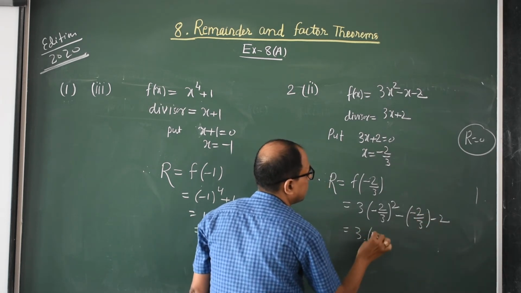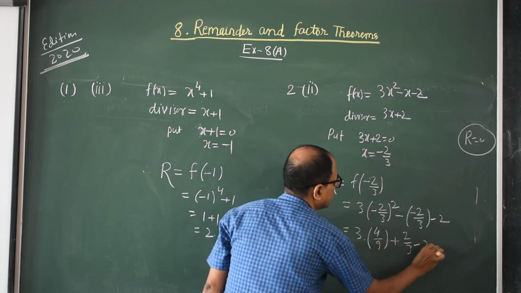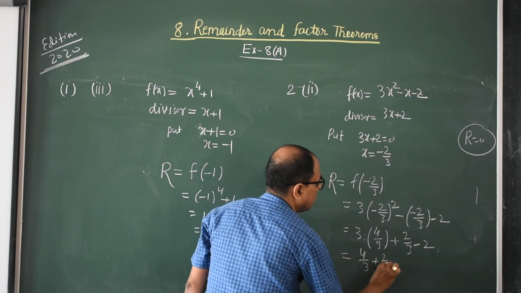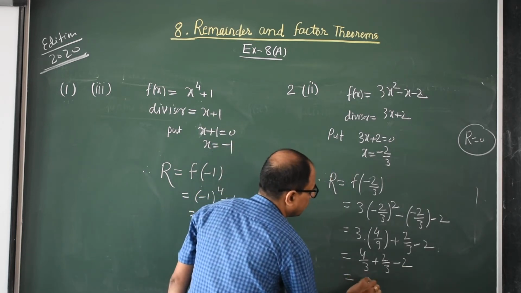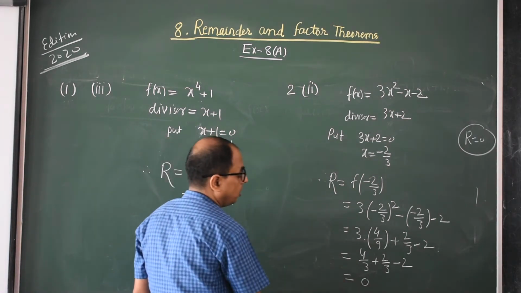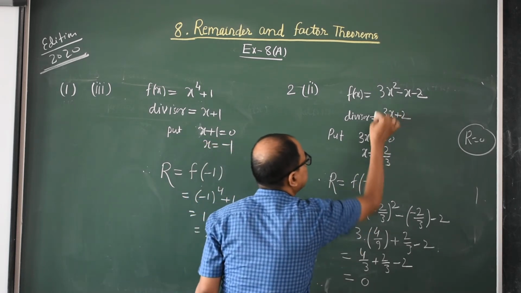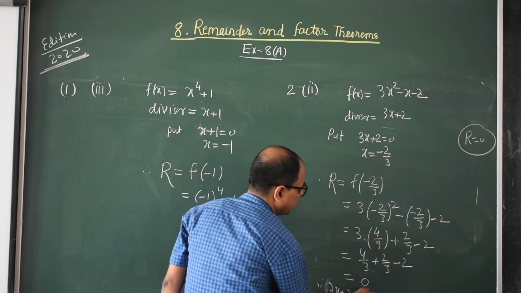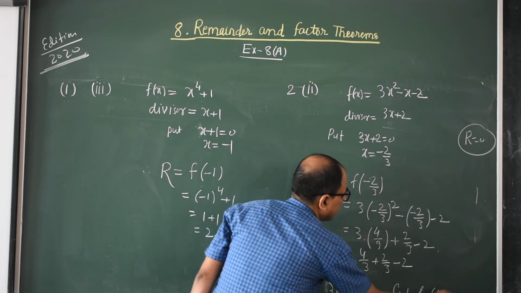So 3 times 4 by 9 plus 2 by 3 minus 2. So 4 by 3 plus 2 by 3 minus 2. So the answer will be 0. So the remainder is 0, and since the remainder is 0, therefore we can say that this one is a factor. Therefore 3x plus 2 is a factor of the given polynomial f(x).